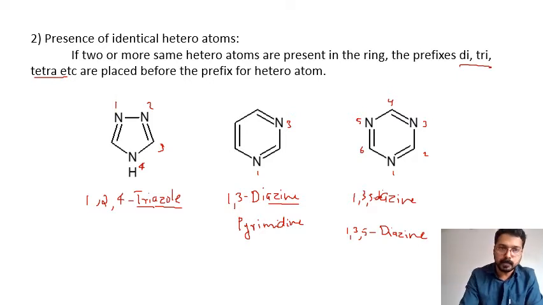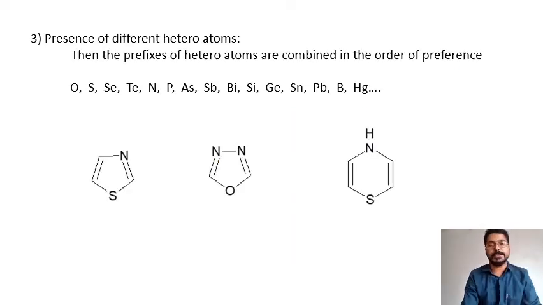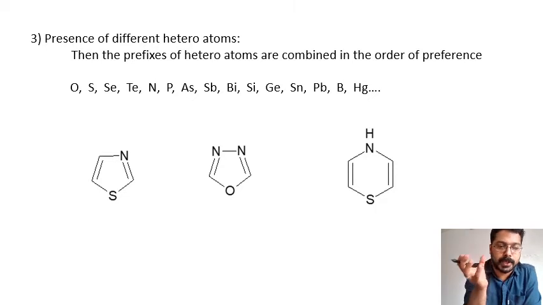Okay. So next point, I told you if the same heteroatoms are present, you are using di, tri, tetra, etc. But if different heteroatoms are present, then the prefixes of the heteroatoms are combined in the order of preference.